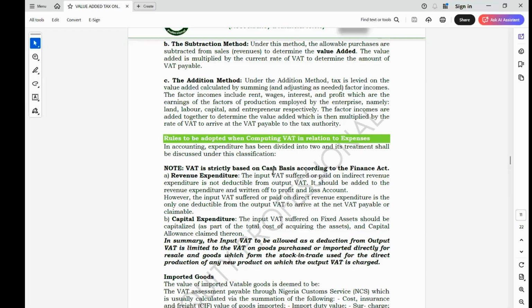This revenue expenditure, when you are computing value-added tax, is going to form part of our input VAT. This same company is also going to incur the service of an auditor. They are going to pay audit fees, they are going to pay professional fees. These audit fee and professional fee are also liable to VAT, but they are not direct to the business.